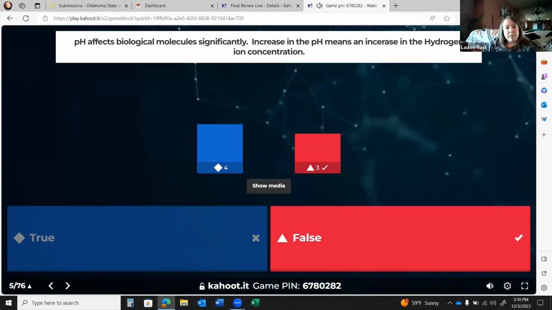So this one's going to be false. If you have a rise in pH, that would be trending towards the 14, as opposed to, remember, 7 is neutral. If we go below 7, like to 2, let's say, that's acid, and above is a base. So if you have a base, we're actually having less hydrogen ions, and acid has more hydrogen ions.